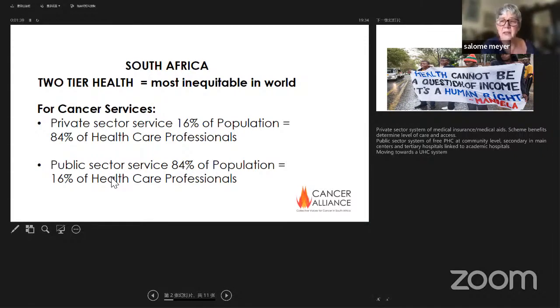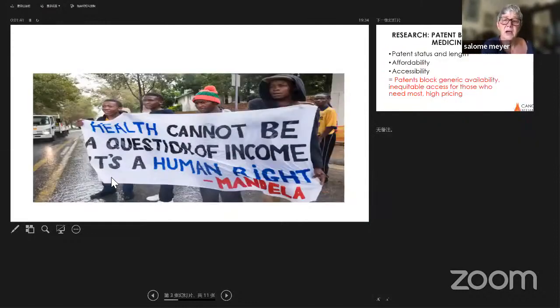Next slide, please. Nelson Mandela was very definite when he said health cannot be a question of income. It remains a human right. And I think that is the challenge that low and middle income countries are facing today, with the majority of medicines unaffordable, and the question whether they will ever have access to these medicines.